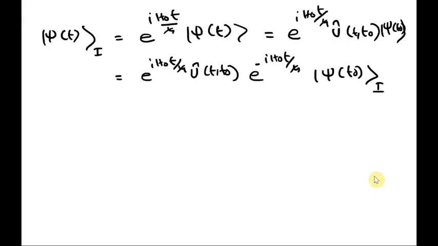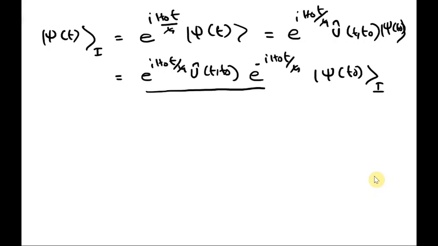Okay, so here what happened is ψ_I(t) at a time t is obtained from ψ_I(t₀) in the interaction picture when you apply this whole operator. So it's not just the U operator, it is an operator with this kind of structure.